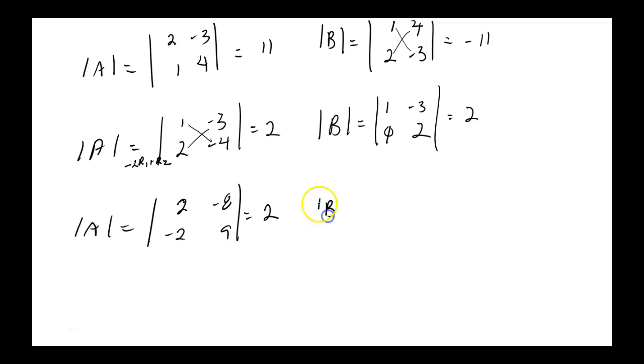Now here is B, and what we're going to do with B is take half of row 1. Row 1 over 2 is the new row 1. So that would be 1, negative 4, negative 2, 9.